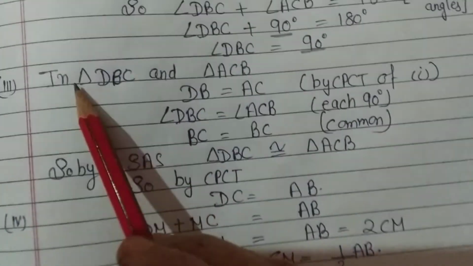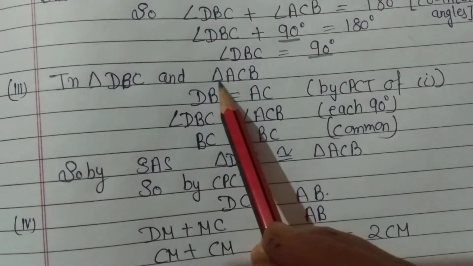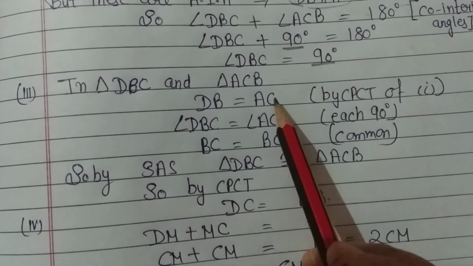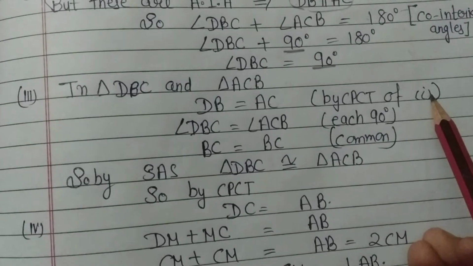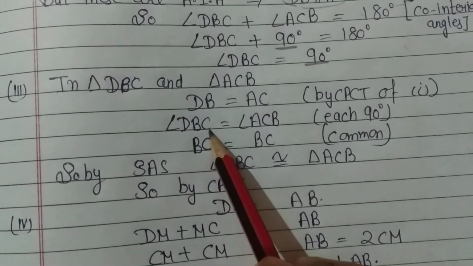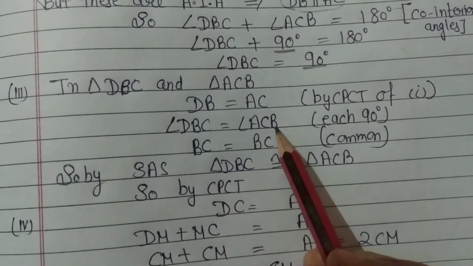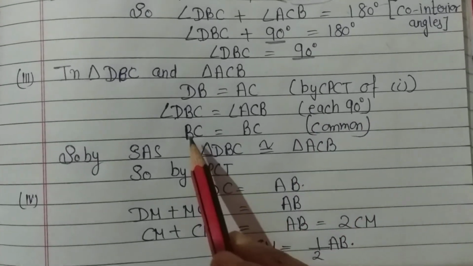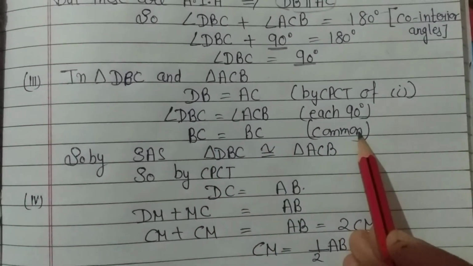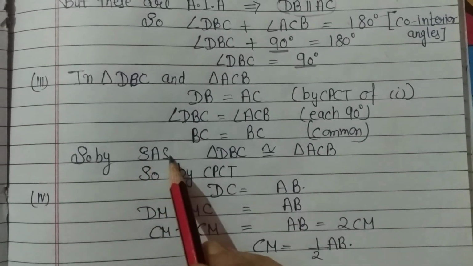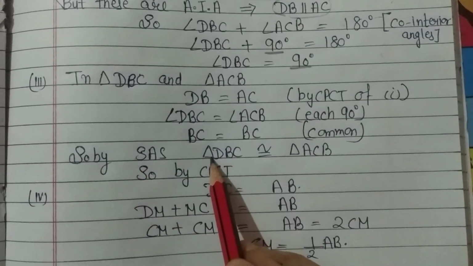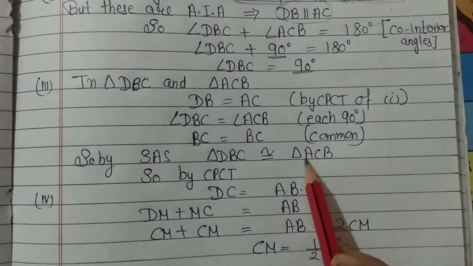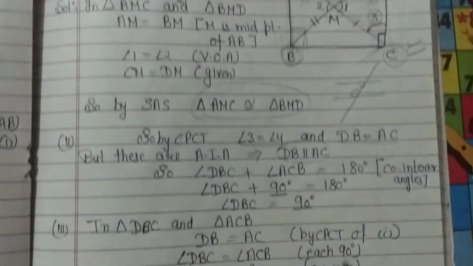So I have written in triangle DBC and triangle ACB, DB is equal to AC by CPCT of first part. Angle DBC is equal to angle ACB, each 90 degrees. BC is equal to BC common. So by side angle side criteria, triangle DBC is congruent with triangle ACB.